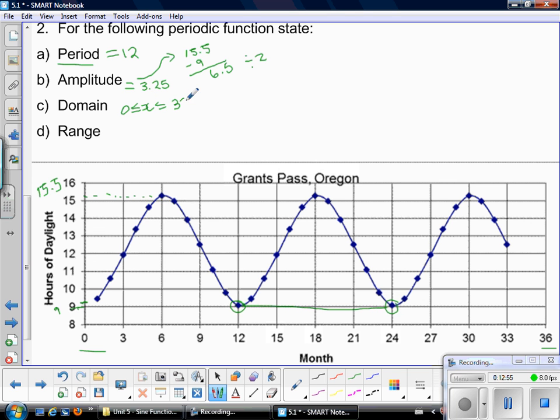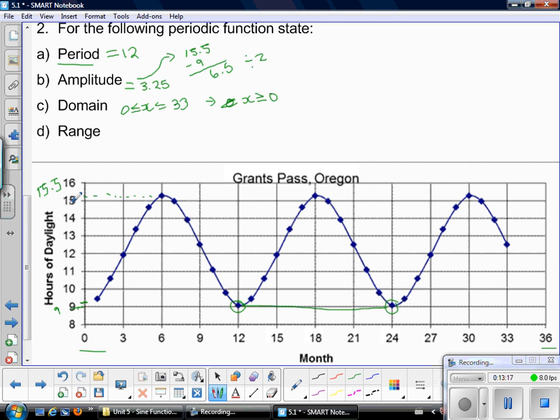Now, does it go on forever and ever? Yes, it actually does. So this also would be acceptable: x is greater than or equal to 0, because time does go on and we assume that this graph will continue.